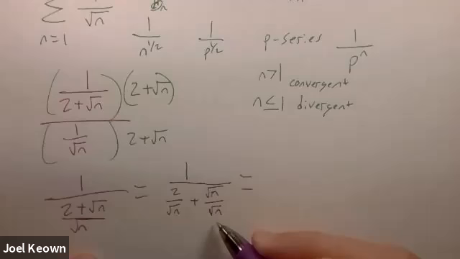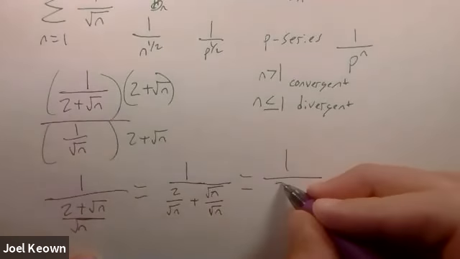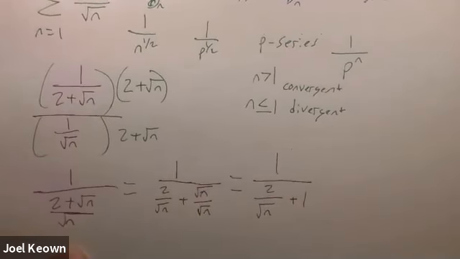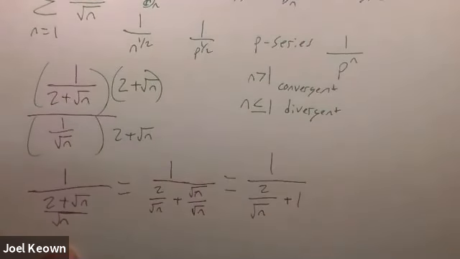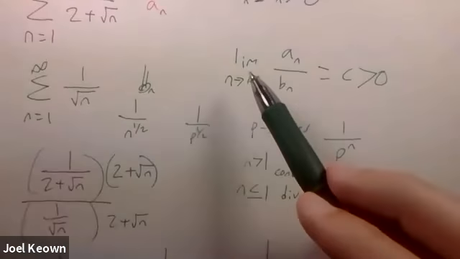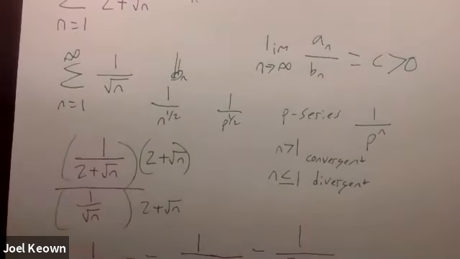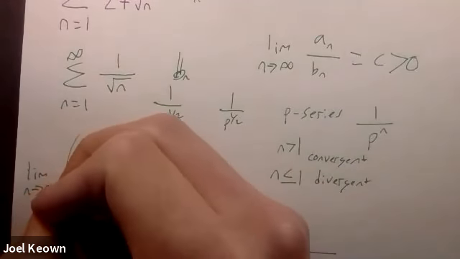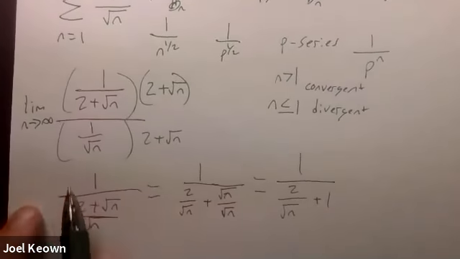And those two are just 1, so 1 over 2 over square root of n plus 1. Now, again, I should have kept that whole limit. Sorry, this is all the limit as n approaches infinity, so I should have had the limit as n approaches infinity in front of all of these.